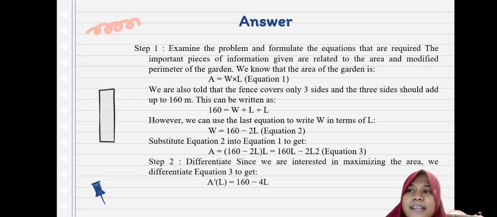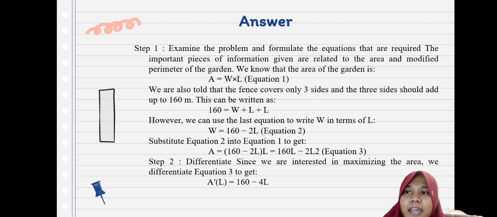Answer. Step 1. Examine the problem and formulate the equations that are required. The important bits of information given are related to the area and modified perimeter of the garden. We know that the area of the garden is A equals width multiplied by length, equation 1. We are also told that the fence covers 3 sides and these should add up to 160 meters.